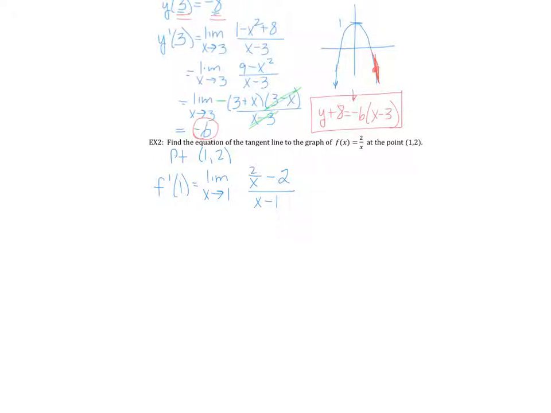We got rid of that complex fraction, and really the only thing in the denominator, if I made all those fractions, was just x. So I'm going to multiply by x over x. So I'd have limit as x goes to 1. I'm going to distribute, so that would be 2 minus 2x over x times x minus 1.